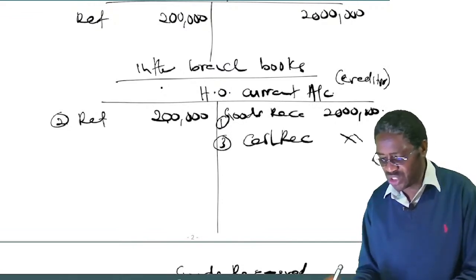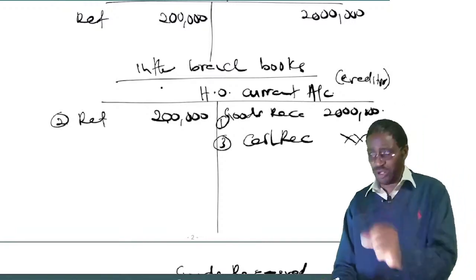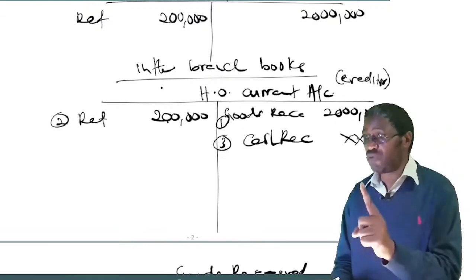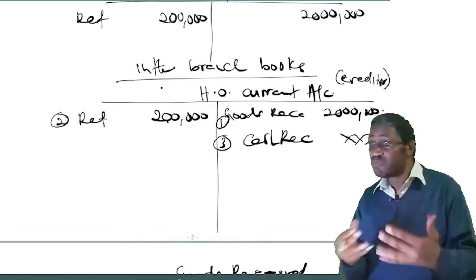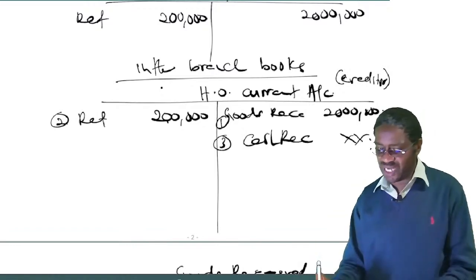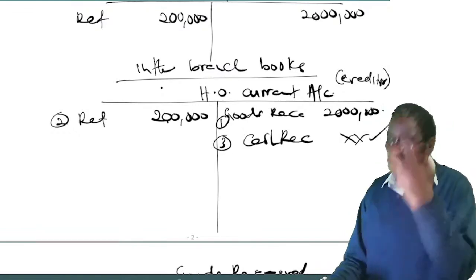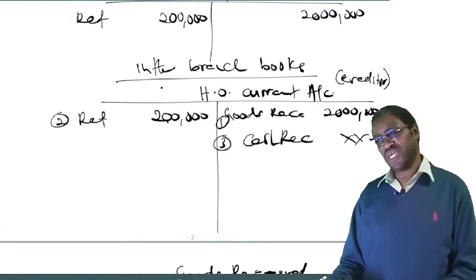That is for the cash received. With cash received from the head office, you as a branch, you debit cash or you debit bank and you credit head office current account. Why? Because you owe that amount to the head office. Good.